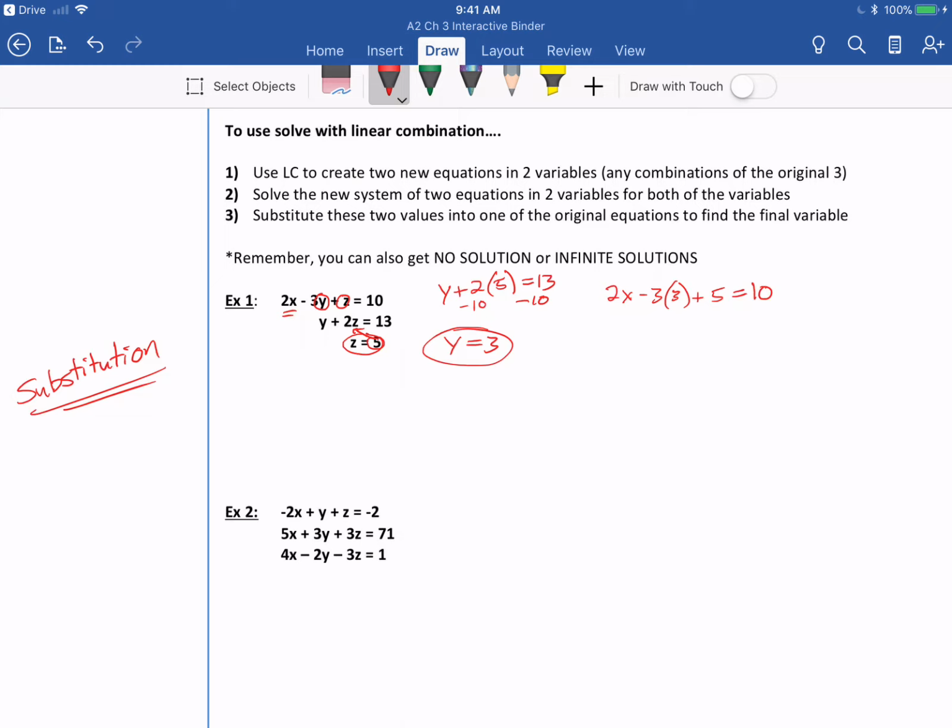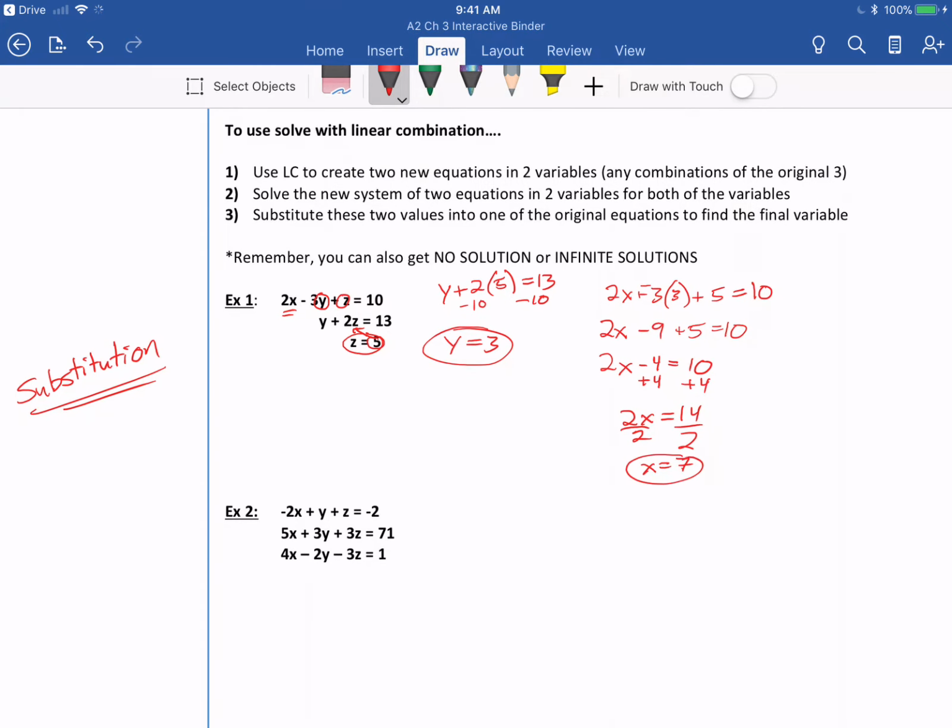So now I have 2x, and then negative 9 plus 5 is minus 4, is equal to 10. Now I add 4 to both sides, so I get 2x is equal to 14, divide by 2, and I get x is equal to 7.